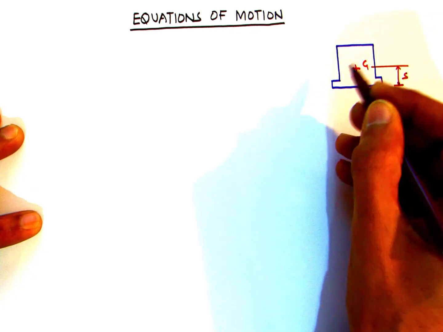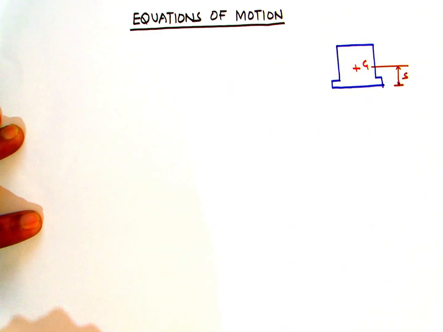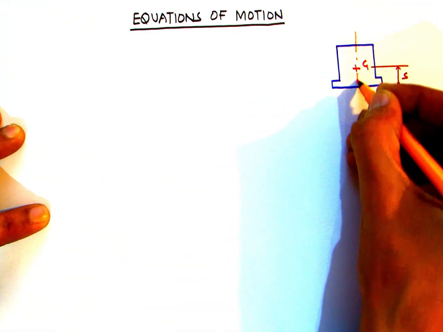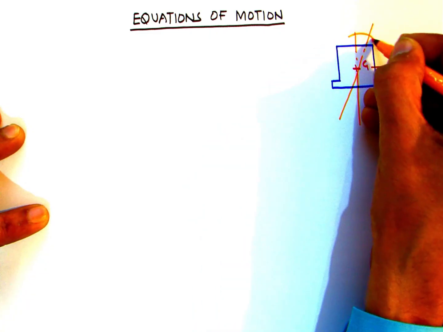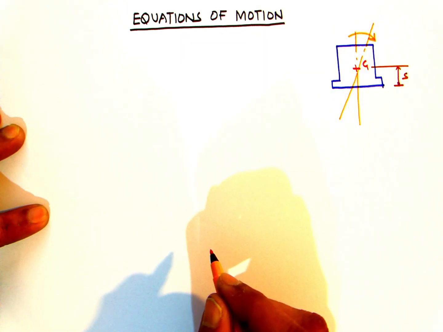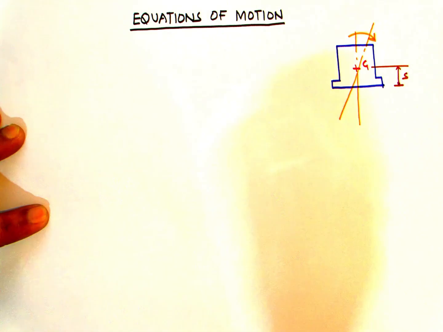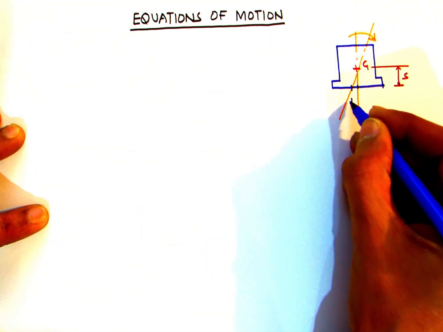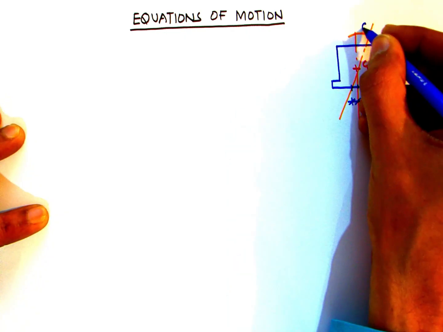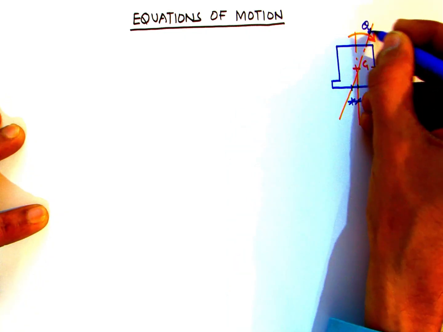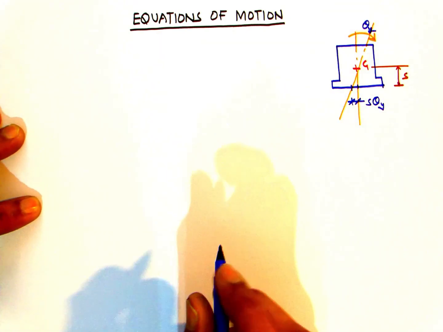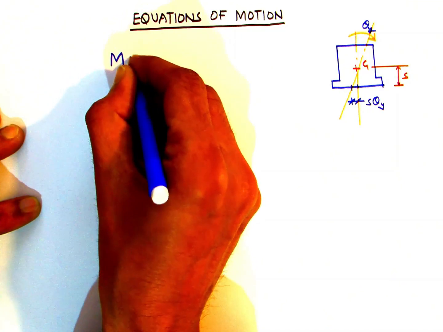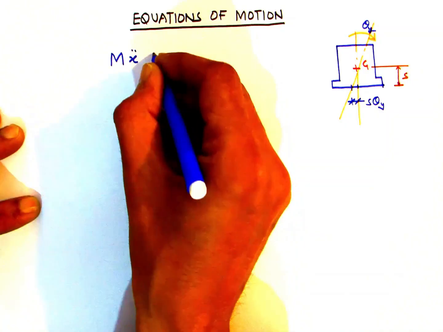Here we are defining the height of the overall CG from the base of the foundation as s. If the foundation block undergoes a rotation about the CG, then this leads to a sliding movement equal to s theta y at the base of the foundation.